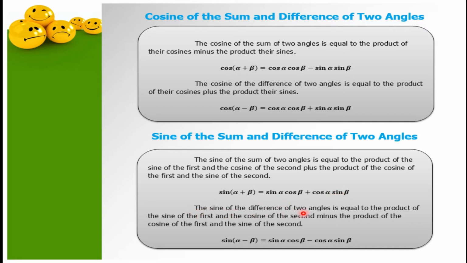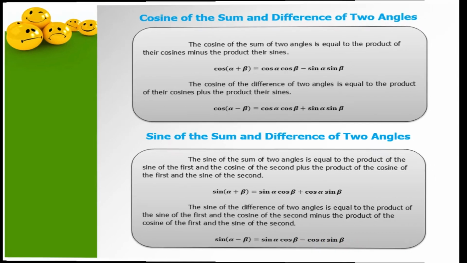Last, we have the sine of the difference of two angles is equal to the product of the sine of the first and the cosine of the second minus the product of the cosine of the first and the sine of the second. So in symbol, that is sine alpha minus beta is equal to sine alpha times cosine beta minus cosine alpha times sine beta.